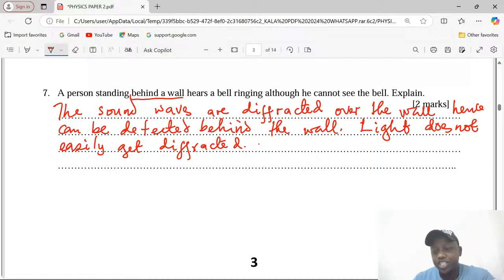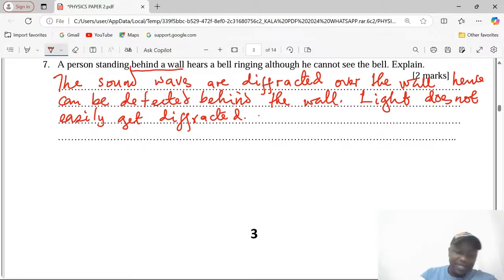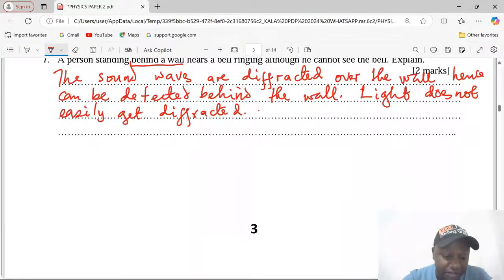Actually, diffraction of light is possible, but it is a rare phenomenon. Light can be diffracted. Light rays can go behind obstacles, but it is a very rare scenario, like when you look through maybe an iron sheet with some little openings, with the sun overhead.